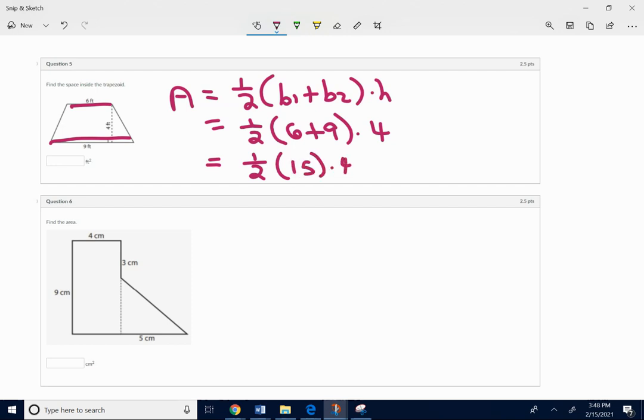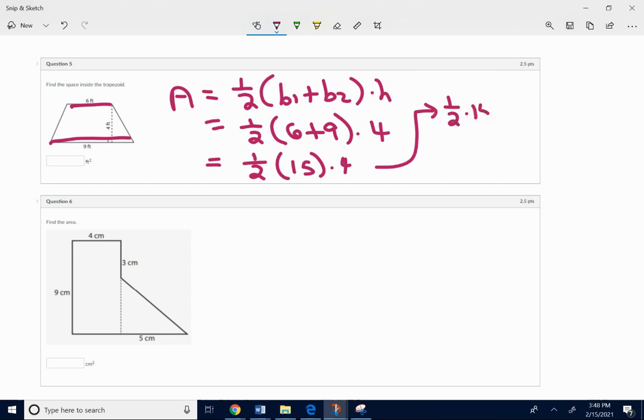So I have 1/2 times 15 times 4. When I figure out 1/2 times 15 times 4, there are a lot of different ways I could do that, kind of like the triangle problem before. I'm going to do something even a little bit different.